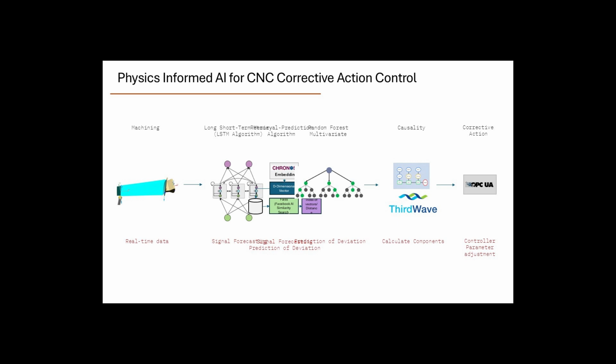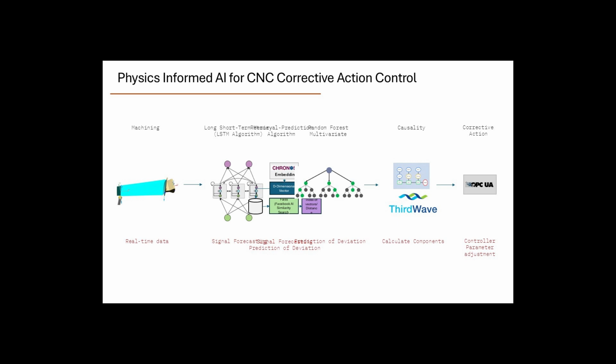I'm going to talk about this more later, but Third Wave is a software solution that we're using to simulate the cutting process and understand how much distortion we're expected to see based off of the stiffness of the tool and the material that we're cutting. This physics-based model really helps us to understand what's causing some of this deviation.